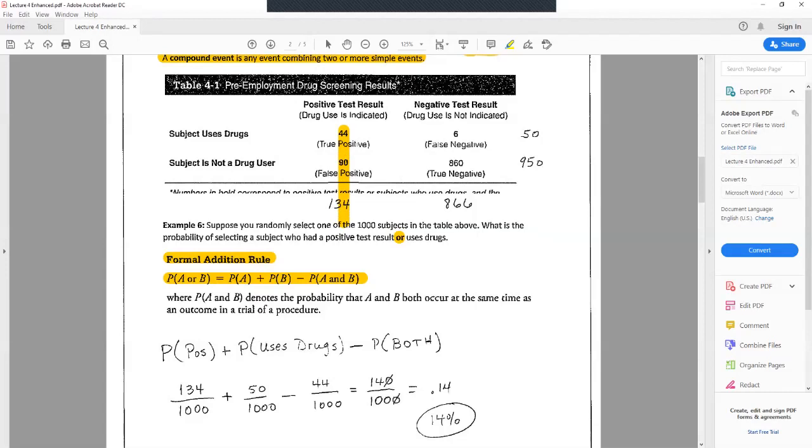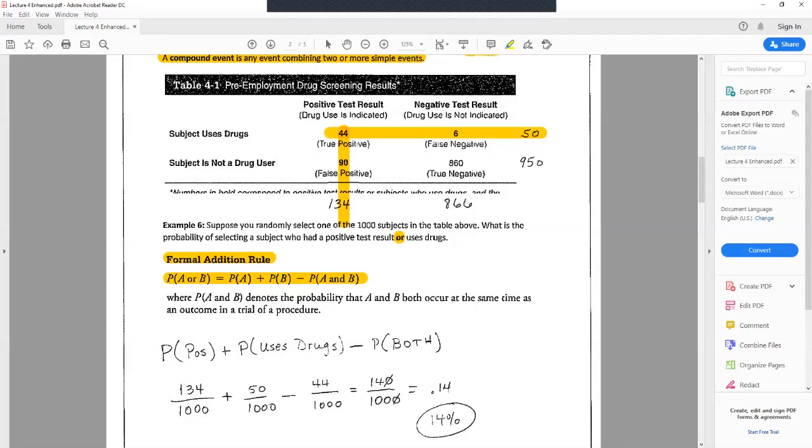And then we're going to add to that the probability of B, or in this case, the probability that they use drugs. Well, how many people use drugs? If you look at this row here, we can see that we have 50 drug users. So we have 50 out of 1,000. But notice we counted the 44 twice, right? Look at the crosshairs.